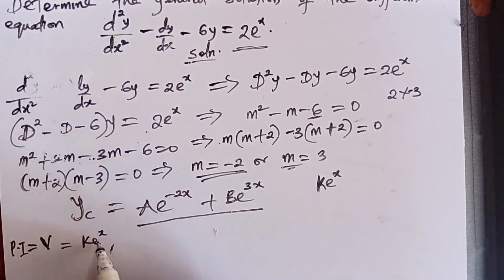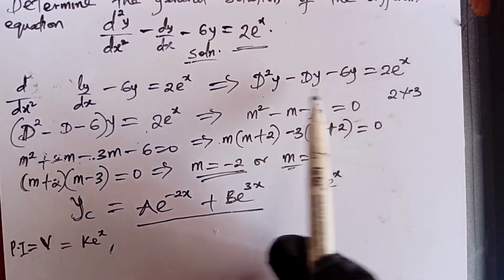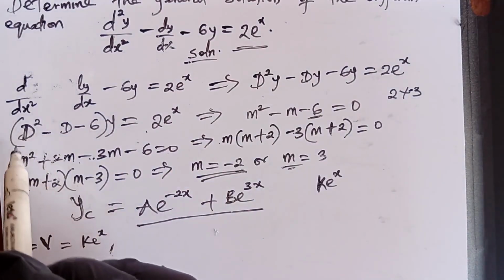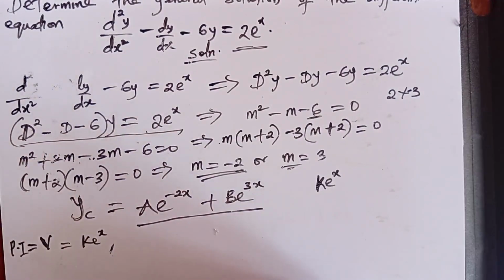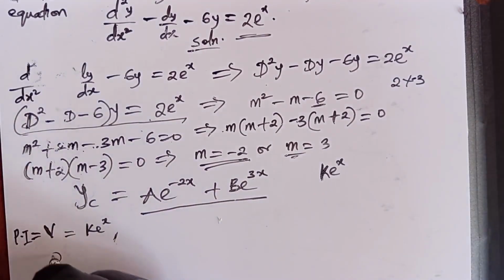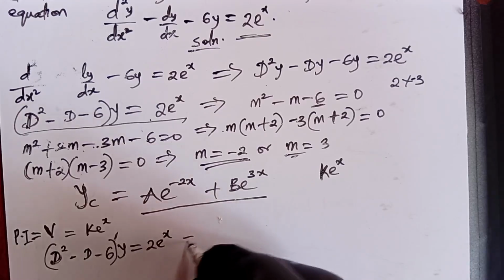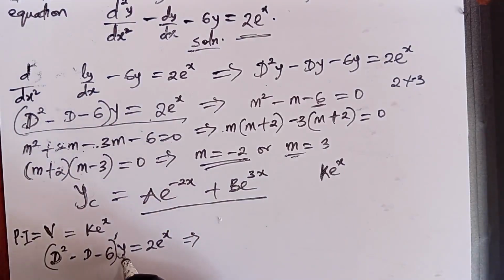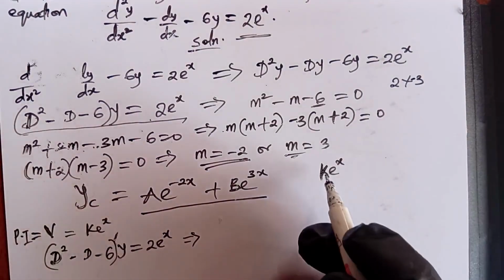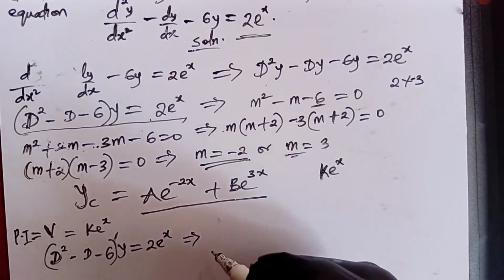We now plug this into the operator D equation. So we have D squared minus D minus 6 into y equals 2e to the x. What would this give? The y in this case is k e to the x, which is the particular integral.